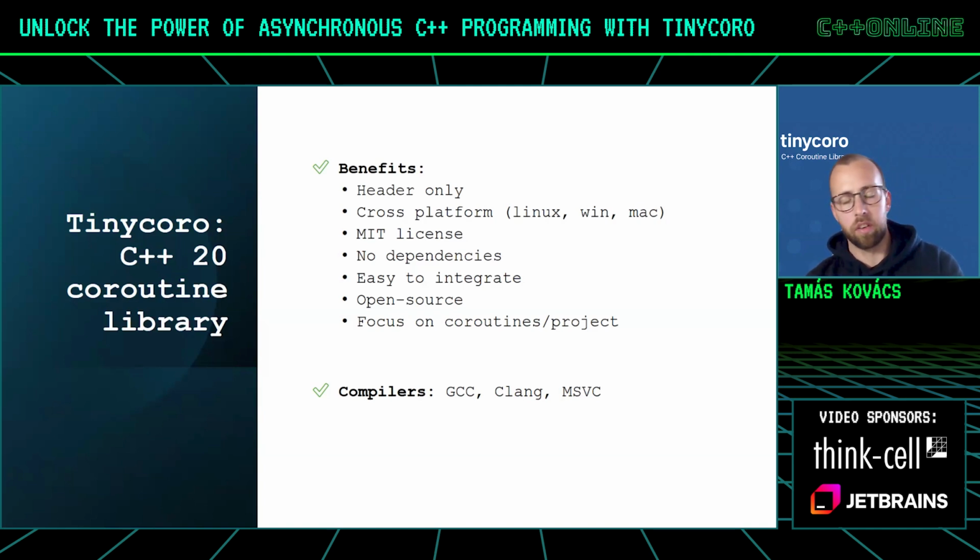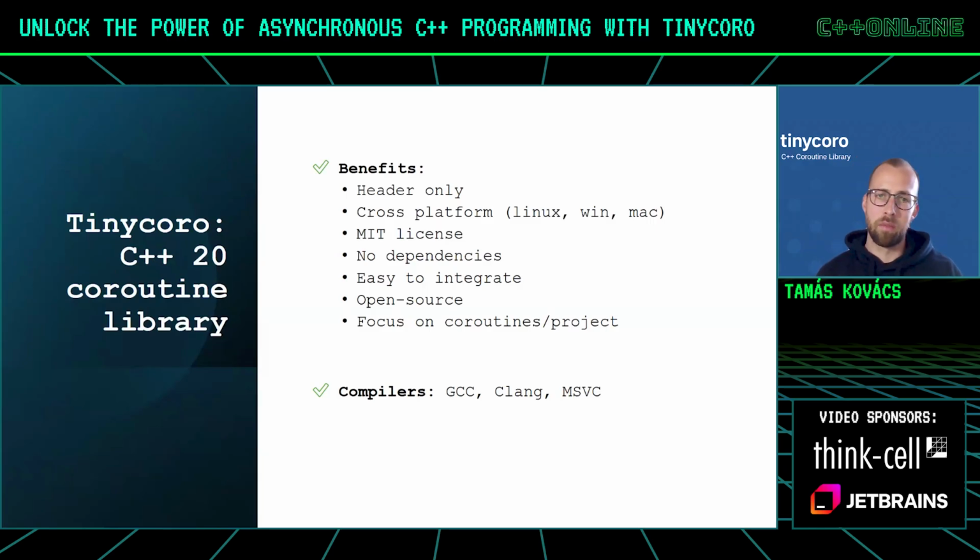It's easy to integrate. You just have to copy the include folder into your project, set up the C++20 compiler, and you are going to be able to use it and play a little bit with coroutines. It's open source, and you can focus on your project, on your business logic, really on your coroutine.